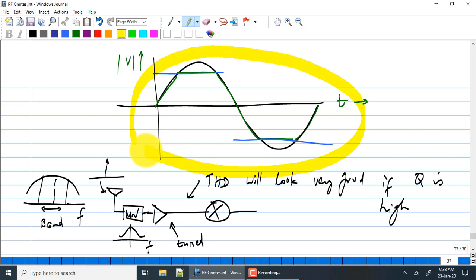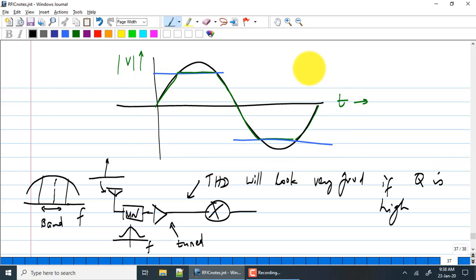If I actually find out the fundamental power in this, it will not increase anymore. I may keep increasing the input amplitude. The output will keep getting clipped further and further until I will not get any amplitude at all. In fact, in the extreme, I give an extremely large signal. So the system is getting strongly clipped. What will I get at the output? So imagine now clipping further and further, right? What will happen? It will look like a square wave, isn't it?